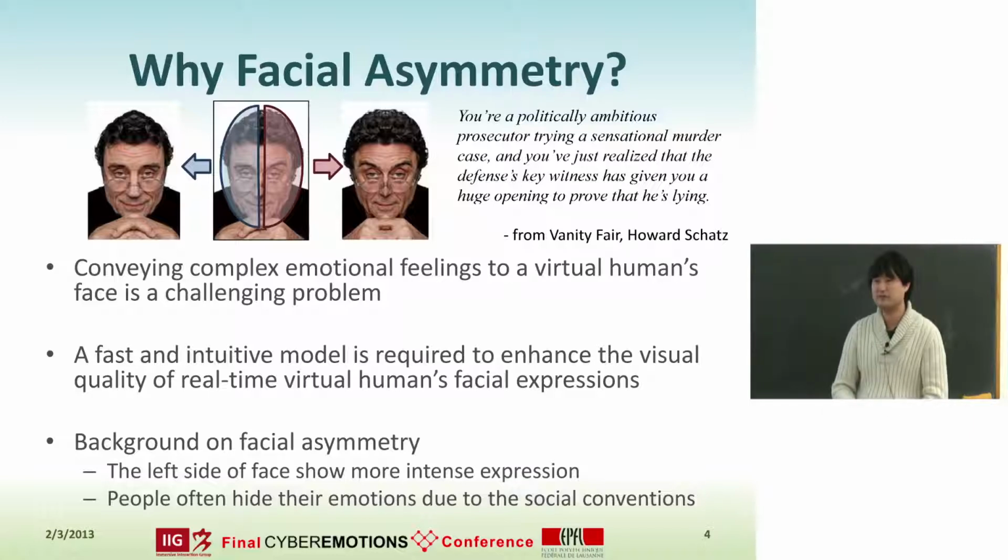But of course, there was a debate later, so it's not settled in this way. And due to social convention, people also try to hide their emotion, and sometimes the left side and right side of the face look different.